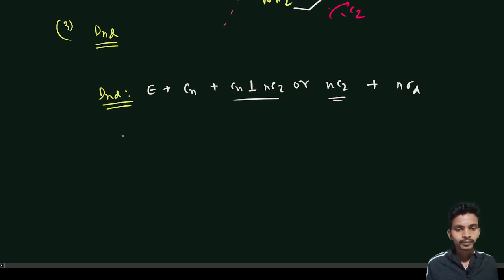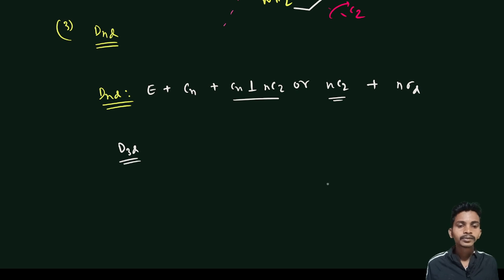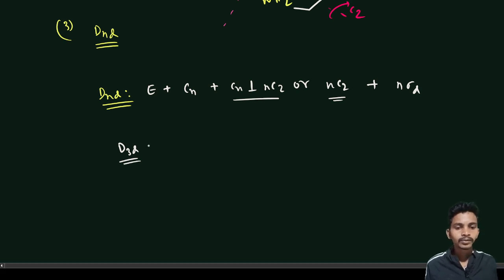Let's say any D3d point group. For this point group, what things are there? The example is what we have discussed, staggered ethane.